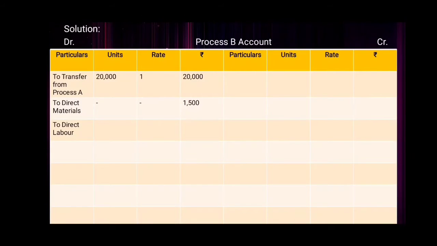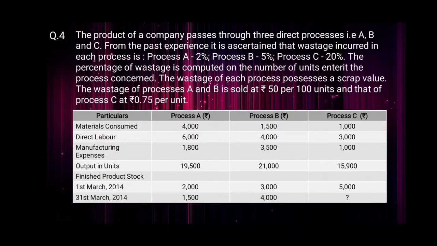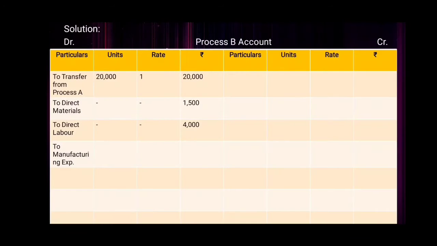To direct labor, 4,000 amount. Next, manufacturing expenses for process B is given as 3,500. To manufacturing expenses, amount will be 3,500.